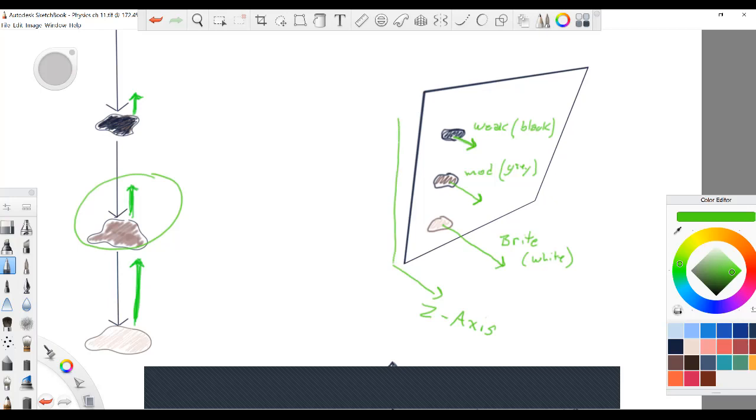And we carry this other axis, which is X. And that is our depth. And this is our brightness, which is the same as saying echo strength.